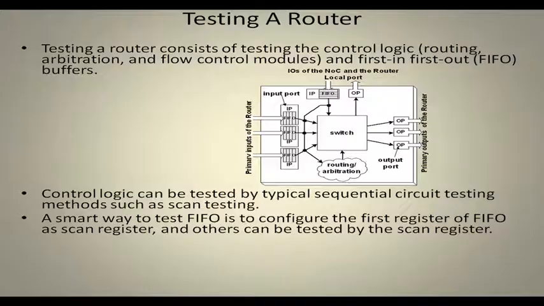Now, out of these flits there is one header flit which identifies the destination address, source address and all that. So, that destination address has to be analyzed, and it has to find out what routing is to be done. There is a module which is called the routing and arbitration module.